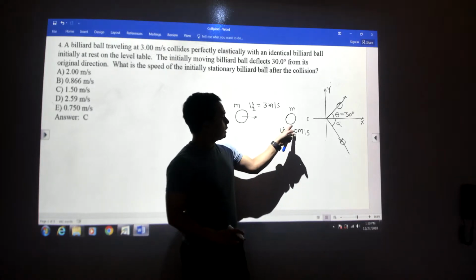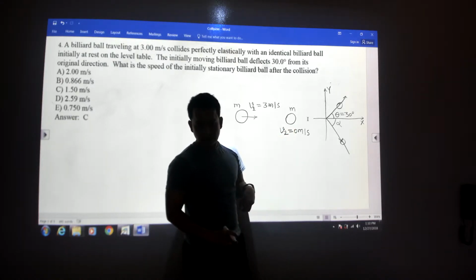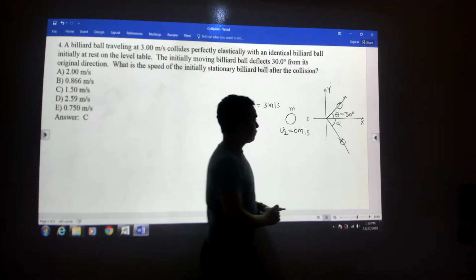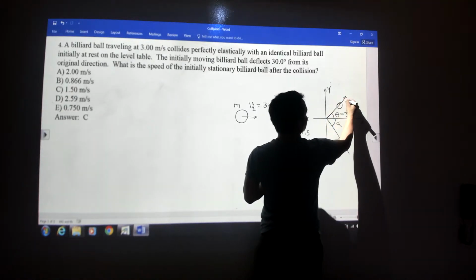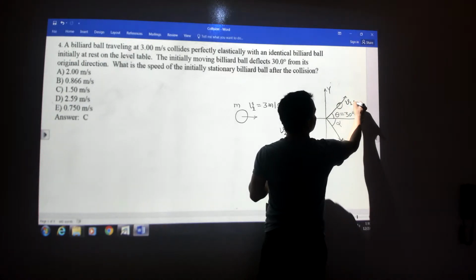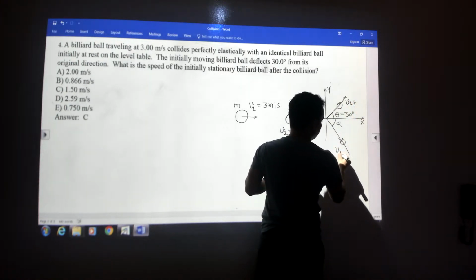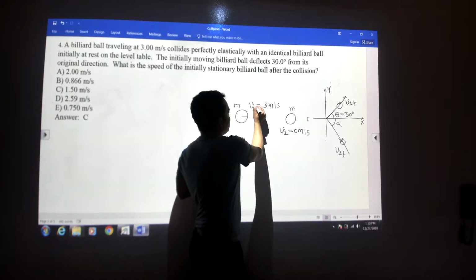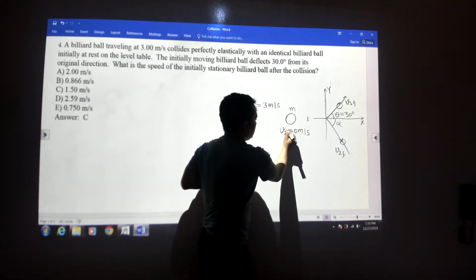So you need to find the velocity of this ball. This is the first ball, and I'm calling its final velocity V1F, and this one V2F. The initial velocities are V1I and V2I.